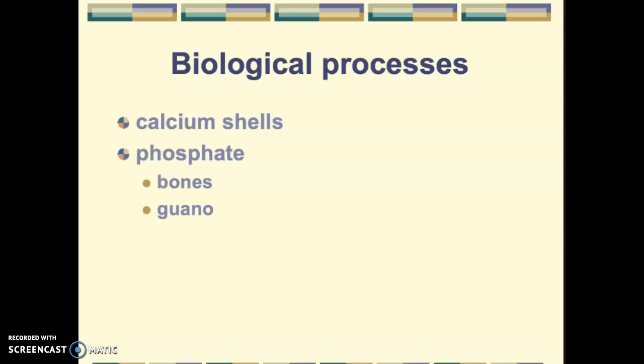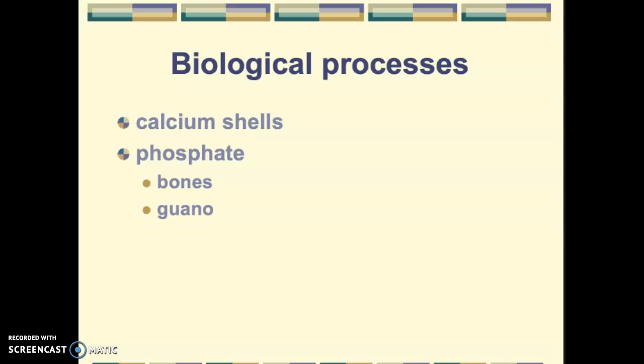Limestone is typically made up of the shells of organisms that use calcium, carbon, and oxygen. So calcium carbonate is the most common shell material. And when those organisms die, whether they're large enough for you to see or microscopic, those shells make deposits that then turn into limestone.